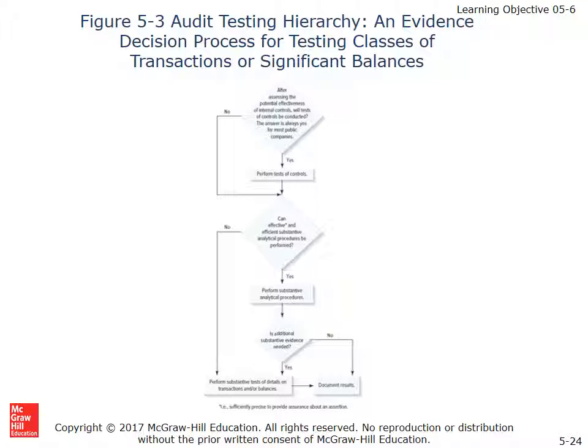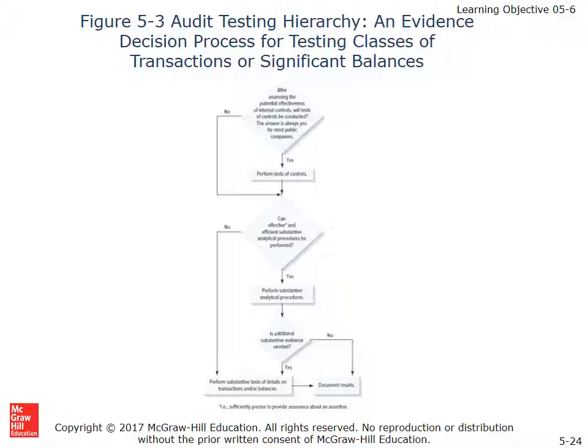Or after you test internal controls, can effective and efficient substantive analytical tests be performed? If the answer is yes, perform them. If the answer is no, you go directly to perform substantive tests of details on transactions or balances.